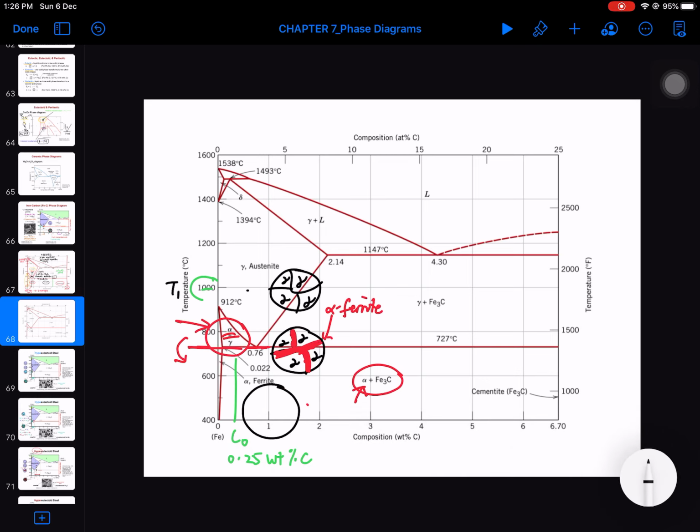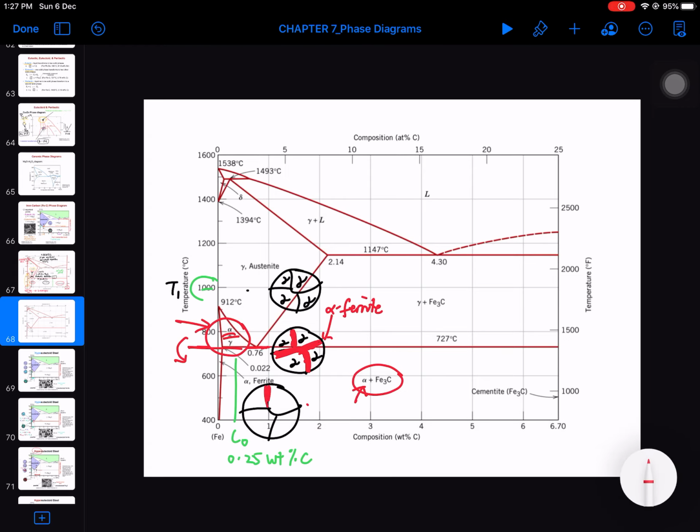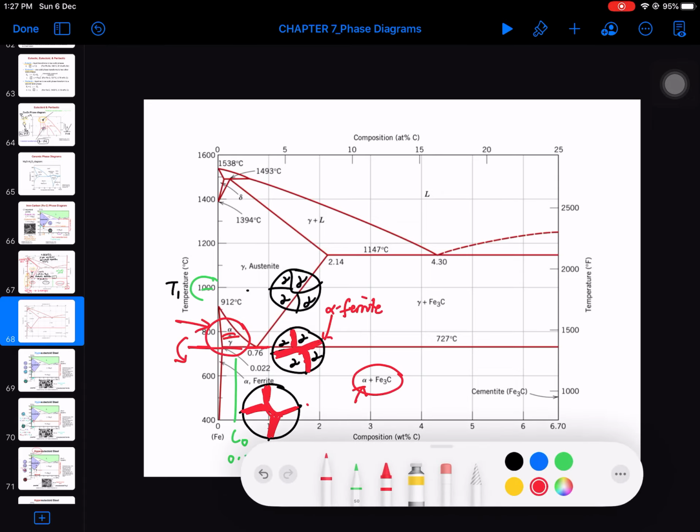Now, this is the boundary, and along the grain boundary the austenite is already filled with the alpha ferrite that occurs before you reach the eutectoid temperature. Once you cross the line of the eutectoid temperature, all the austenite will transform into alpha ferrite plus cementite. Alpha ferrite plus cementite is actually an alternate layer called lamella structure.